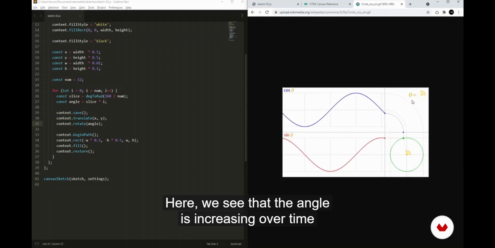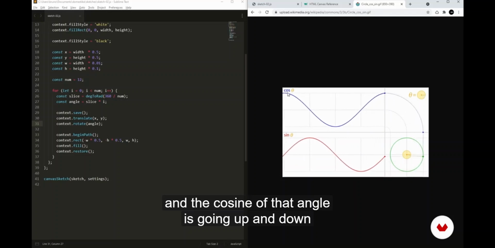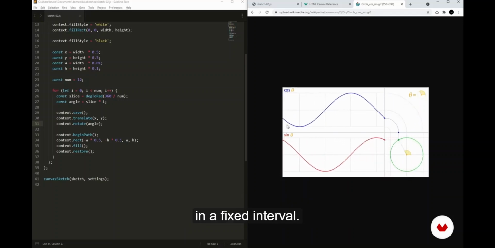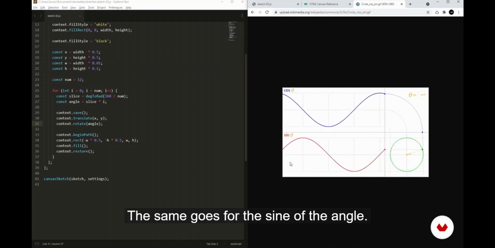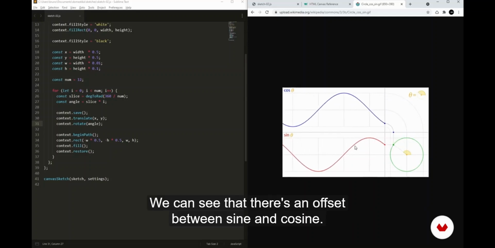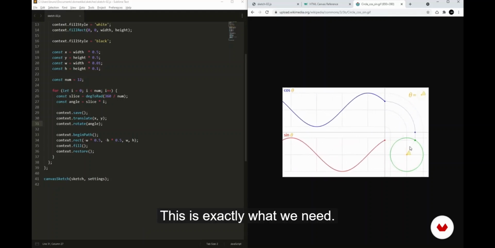Here we see that the angle is increasing over time, and the cosine of that angle is going up and down in a fixed interval. The same goes for the sine of the angle, and we can see that there is an offset between sine and cosine. Both of them together describe a position around the circle for a given angle, and this is exactly what we need.